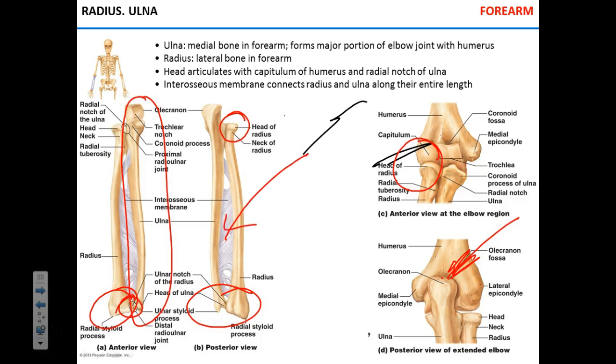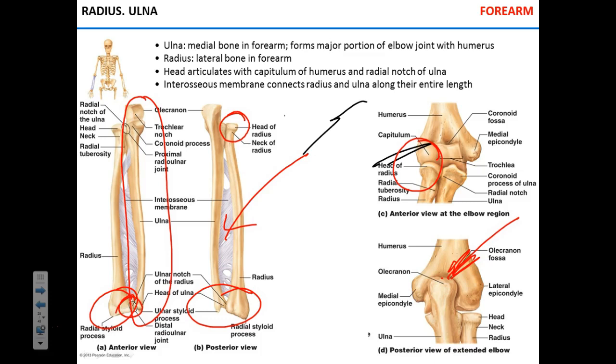If you look at the forearm, you will see that the ulna and radius have a space between them. That space is filled with membrane, which allows the radius to move around the ulna. Can you see that? Essentially, it's that movement.